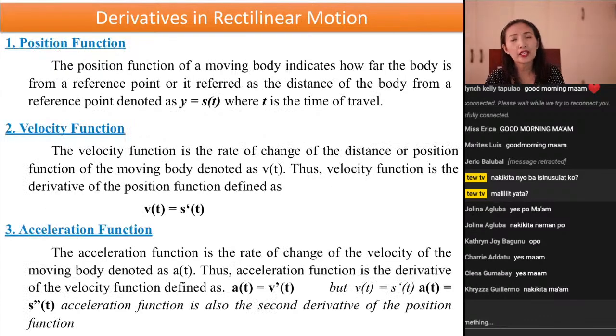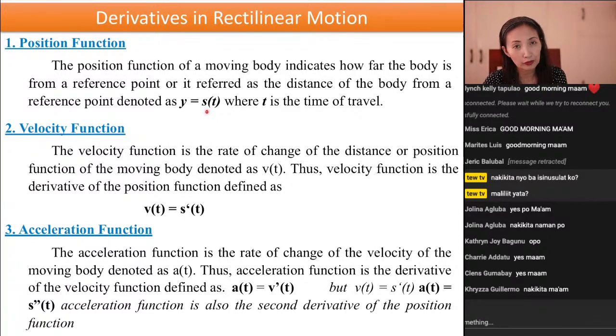Now, derivatives in rectilinear motion. We have 2, or should I say 3, functions. Usually, a problem about rectilinear motion will provide the position function, which is usually S of t. S for position, t for time. S of t gives the position at a specific time of travel. So if I say, where is the body in 2 seconds?